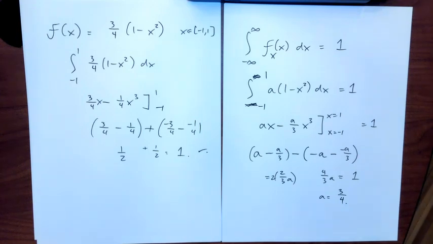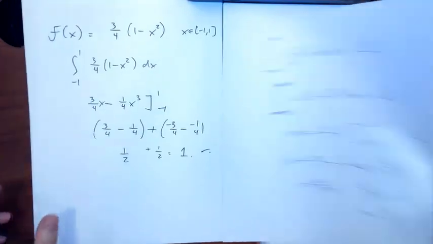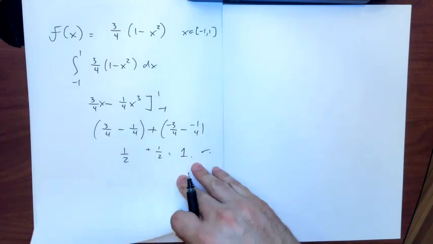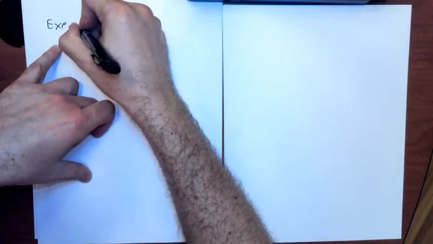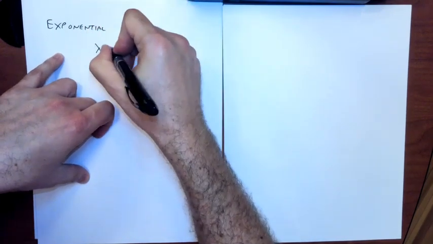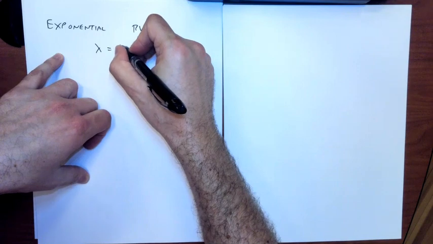Let's do an example involving the exponential distribution. So suppose I've got an exponential random variable with lambda equals 2.